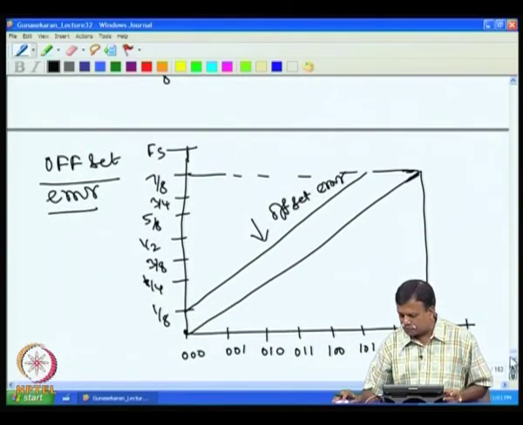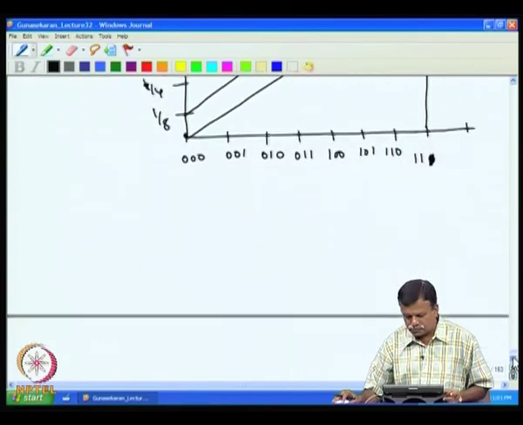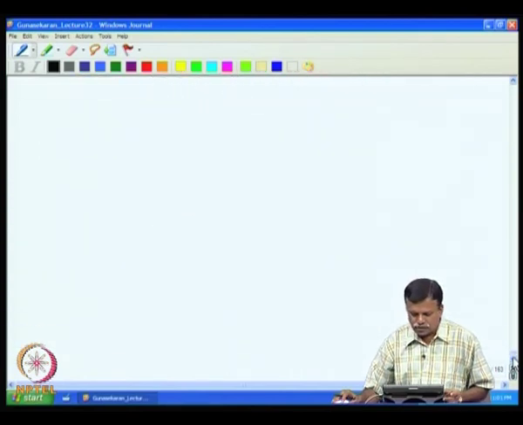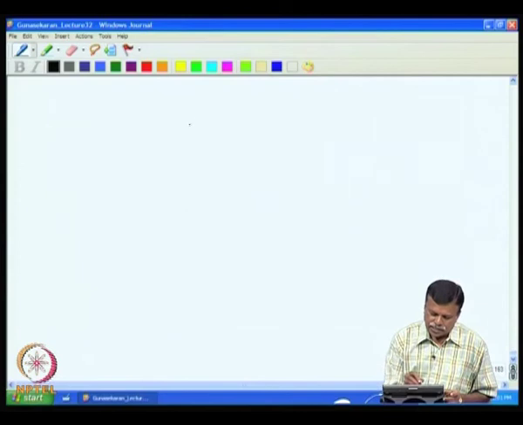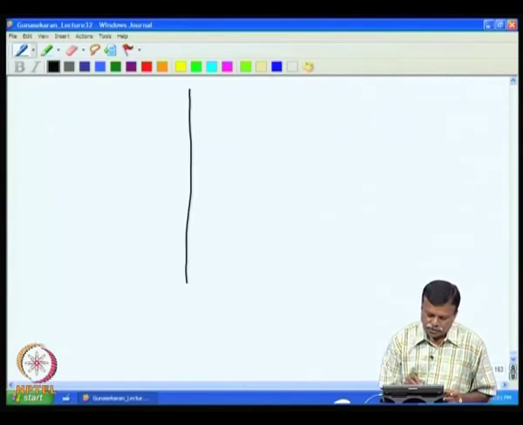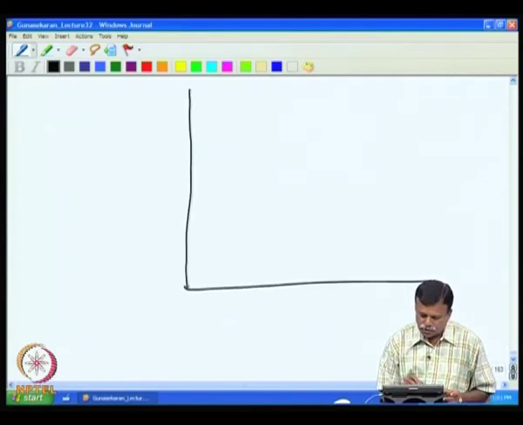Then we also have linearity error. Now, what is done is the same converter, if I plot, you will have 0 0 as origin.